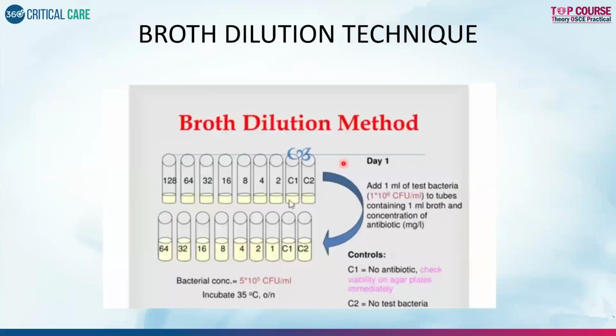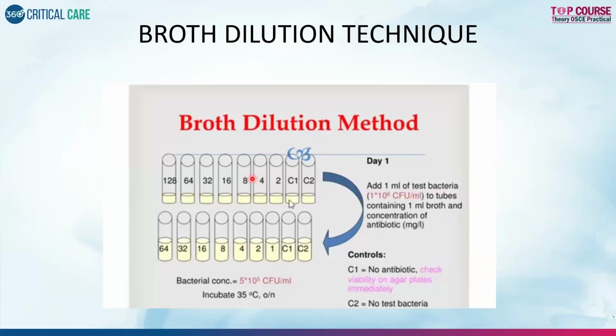So in the broth dilution technique, they'll have two controls, and serially they will dilute the broth. You will have multiple small test tubes, or you'll have a cassette. On the cassette they will have serial dilutions placed, and then the organisms would be placed in each of these solutions.